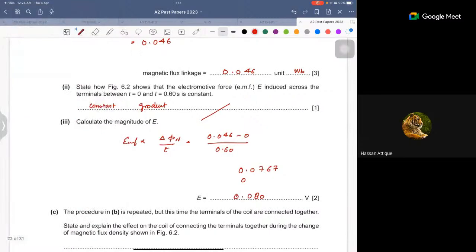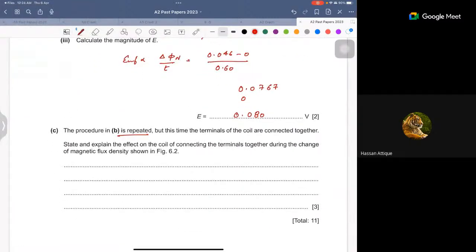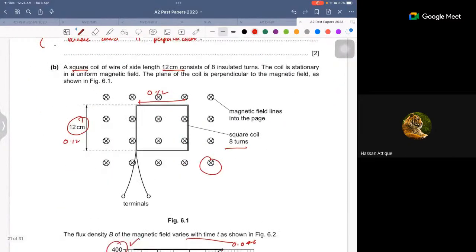Okay. Then it says procedure B is repeated, but this time the terminals of the coil are connected together. State and explain the effect on the coil of connecting terminals together during the change in magnetic flux. What does he mean really? The procedure is repeated, but this time the terminals of the coil are connected together. Oh, here.